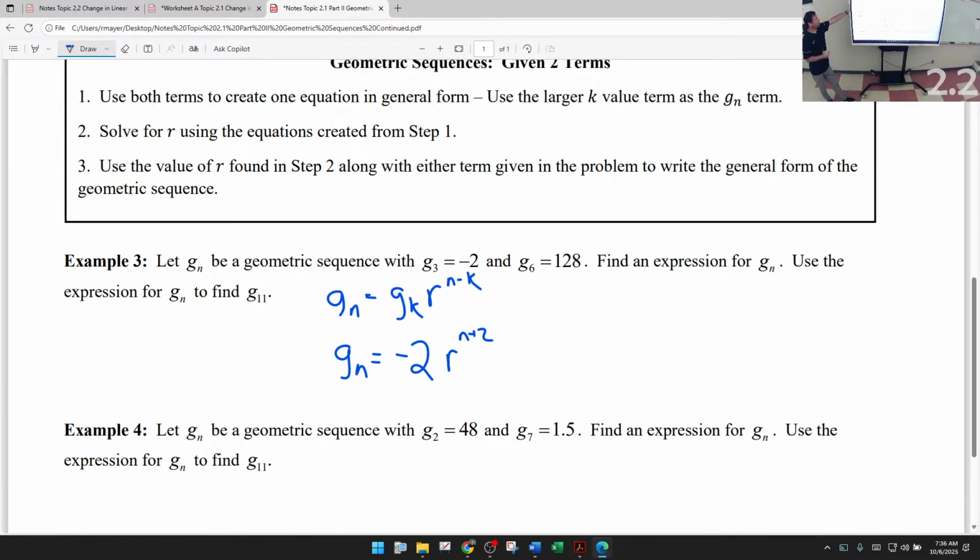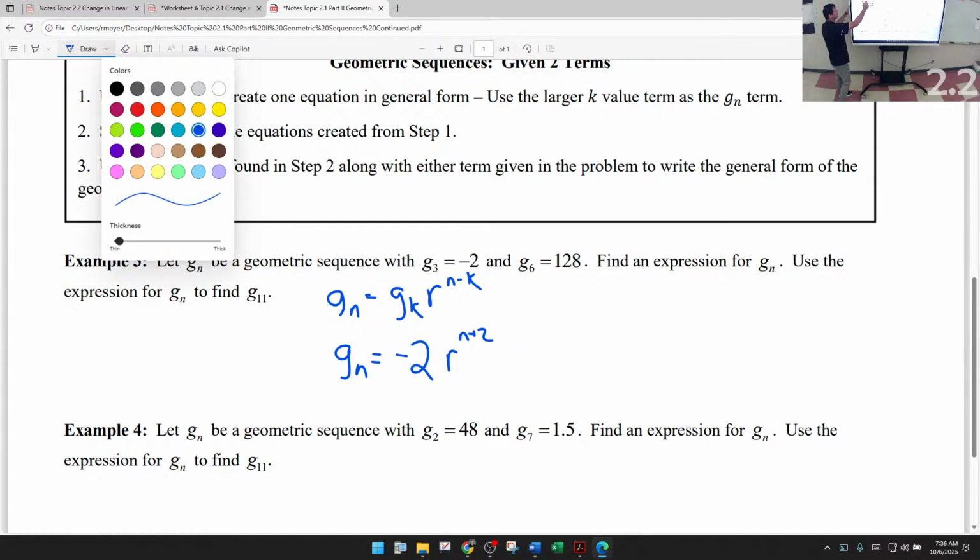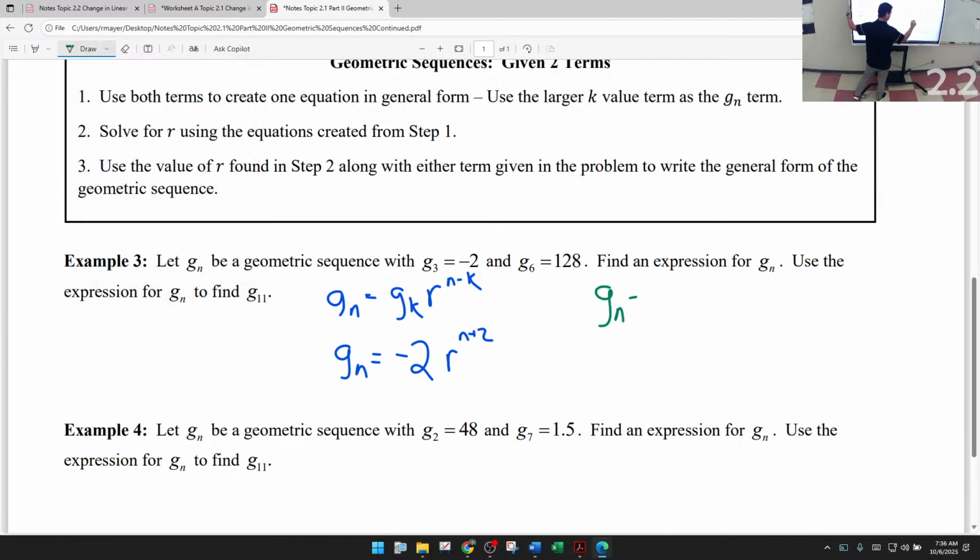Use both terms, create one equation in general form. I'm drawing a blank on how I remember how to do this. Then I got g of n equals, save yourself some lead first because you might have to erase some of this, 128 r n minus 6.